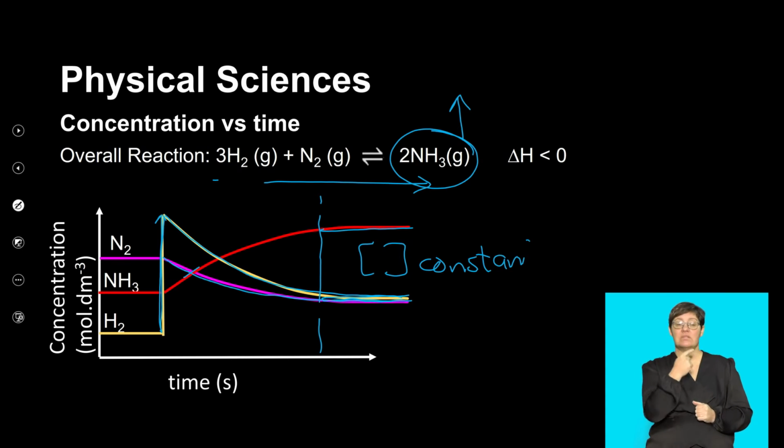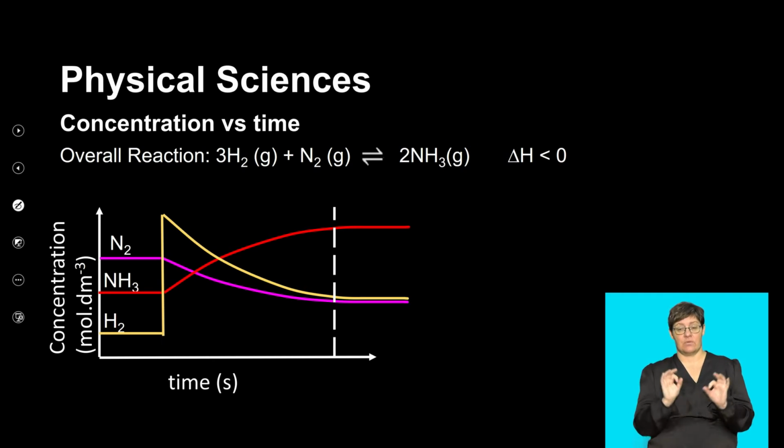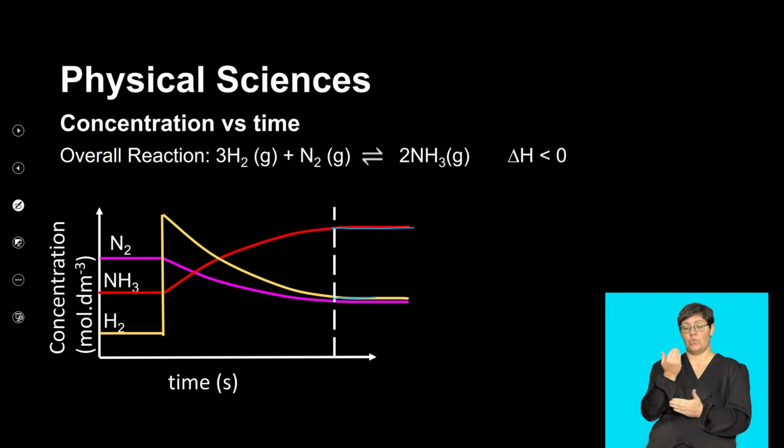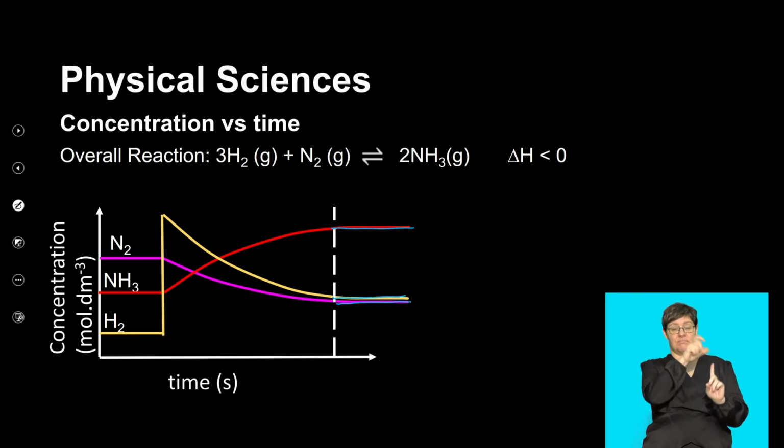Remember, we do not say the concentration is the same, we say that the concentration is constant. That line there just shows us that from there onward, our concentration is the same. Meaning, this is the new equilibrium that's being reinstated according to Le Chatelier.